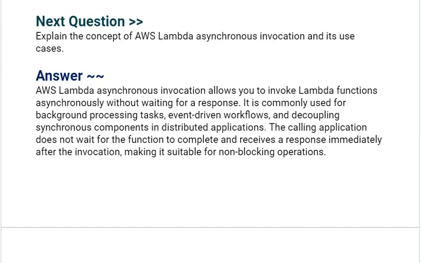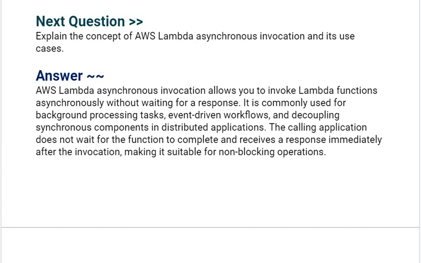Our next interview question is: explain the concept of AWS Lambda asynchronous invocation and its use cases. Your answer should be: AWS Lambda asynchronous invocation allows you to invoke Lambda functions asynchronously without waiting for a response.